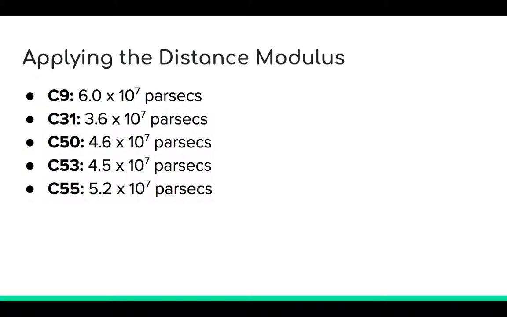And they're all around 10 to the 7 parsecs away, which is good. If they weren't the same magnitude, then they probably wouldn't be in the same area in space. But they're all the same magnitude and they're pretty close. They vary from 3.6 times 10 to the 7 as the minimum, and 6 times 10 to the 7 as the maximum.